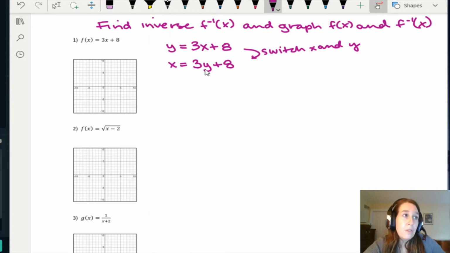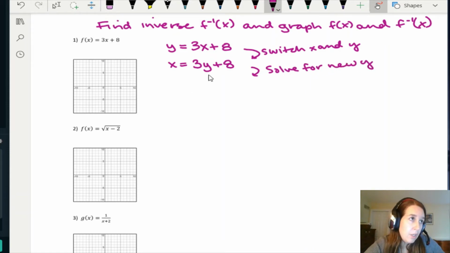Okay, so we're going to solve. The next step is to solve for the new y. Okay, so we need to get this y by itself, so first we need to subtract 8 from both sides, so x minus 8 equals 3y. Now we'll divide both sides by 3, so y equals 1/3 x minus 8.